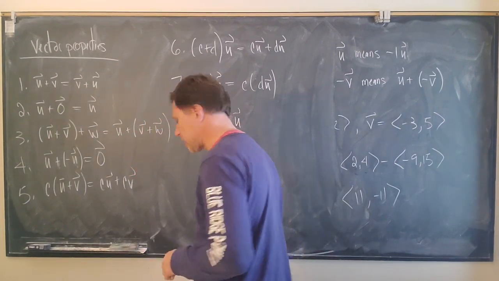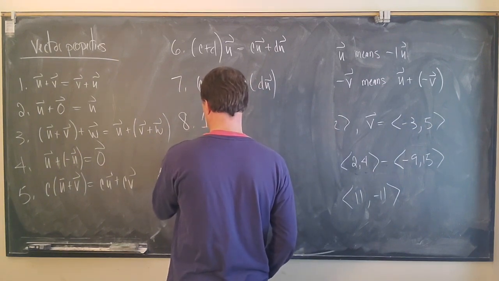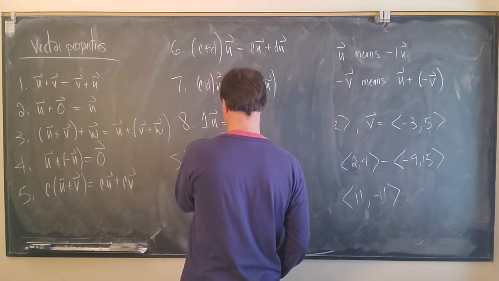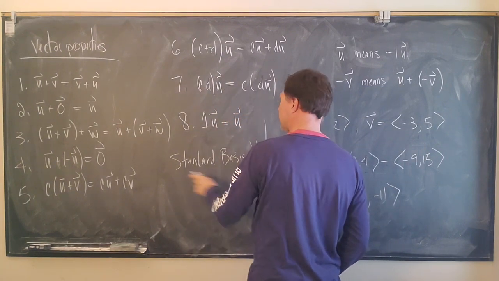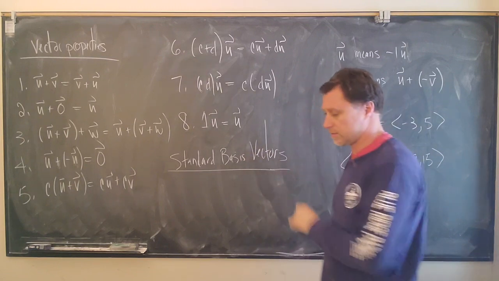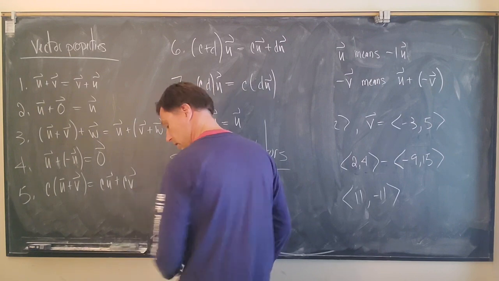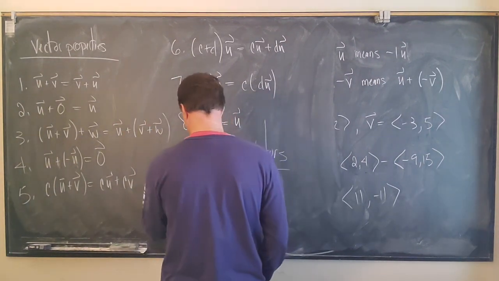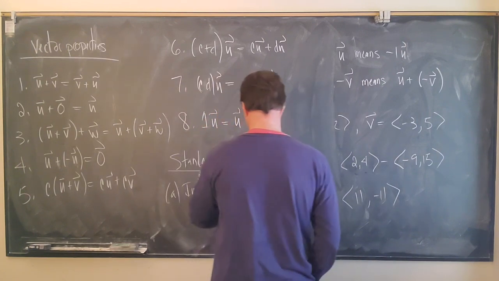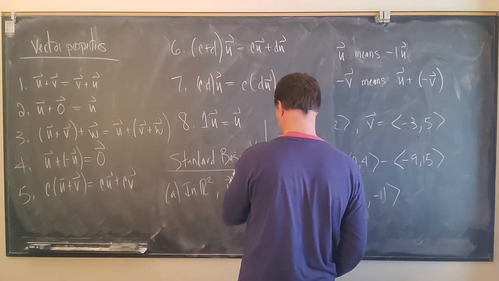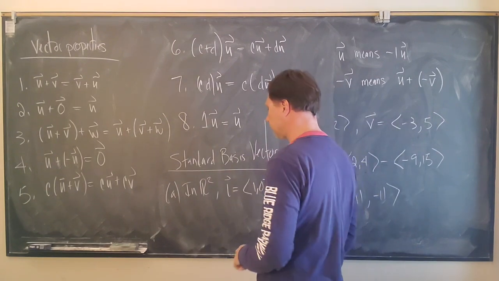A couple more topics or concepts to talk about here. There are what are known as the standard basis vectors, and this is stuff that you especially make use of in physics. So I need to give you the 2D and the 3D version. In R2, i is the vector 1, 0, and j is the vector 0, 1.